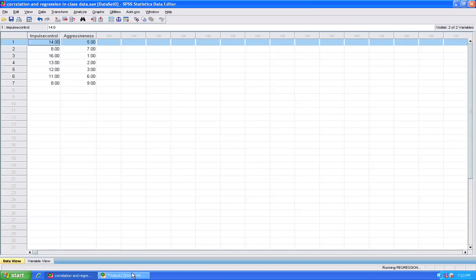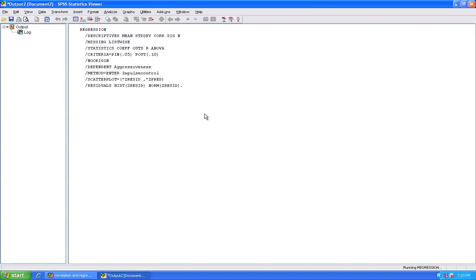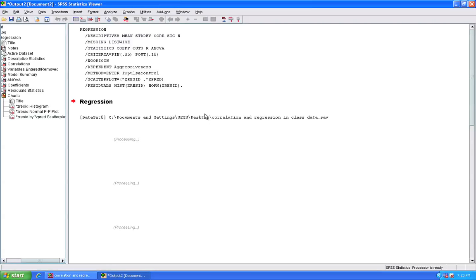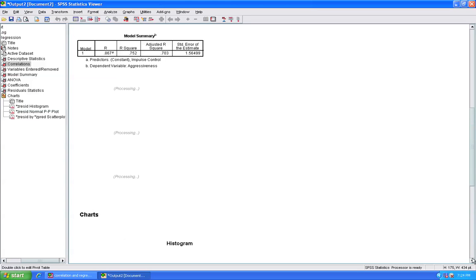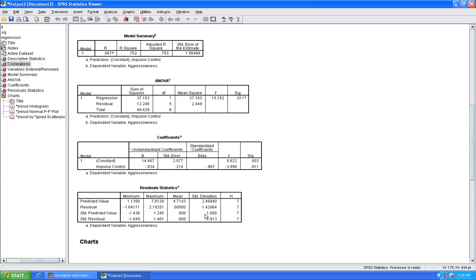in my output screen, I get the output. First, I have descriptive statistics information on aggressiveness and impulse control. I get information about the correlation coefficient. The next piece of information that I will be considering is the table labeled coefficients, because it is in this table that I get the equation of the regression line.